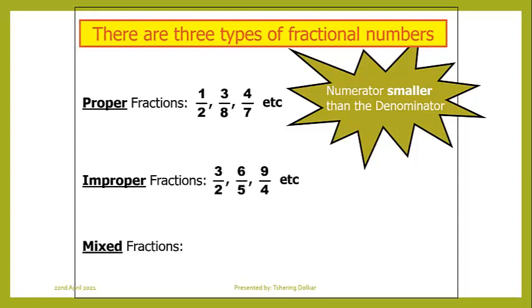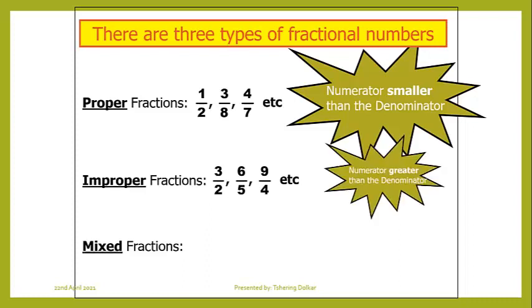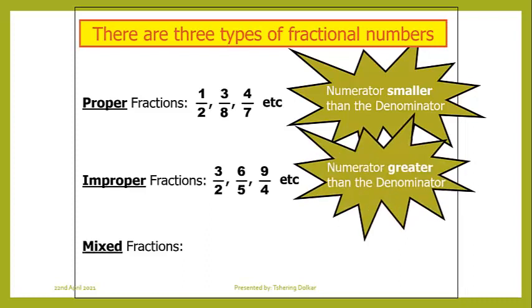And some of the examples of improper fraction. So when we say improper, we can see that the numerators are greater than the denominators, like 3 over 2, 6 over 5, and 9 over 4.